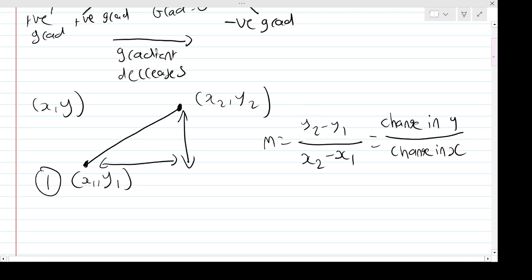So if you're taking away the second y coordinate by the first one, you can't then do x1 take away x2. No, it has to be the same coordinate, the same order. So if you do the second y coordinate first, then you must also do the second x coordinate at the bottom there first as well. But we'll see that in a minute.